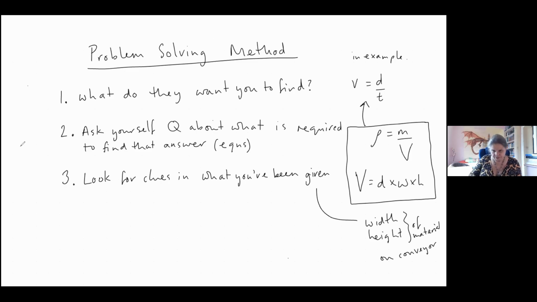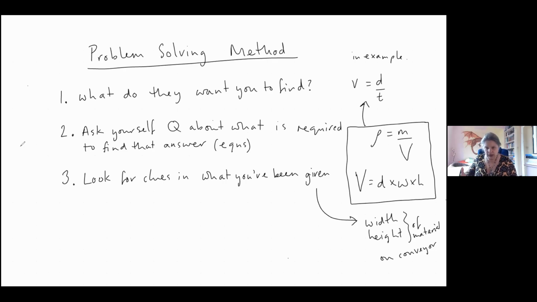Remember that you do need to combine this with your Ninja question analysis. You're going to notice those numbers, those things you've been given, the symbols, the relationships, because you are practicing your Ninja question reading.